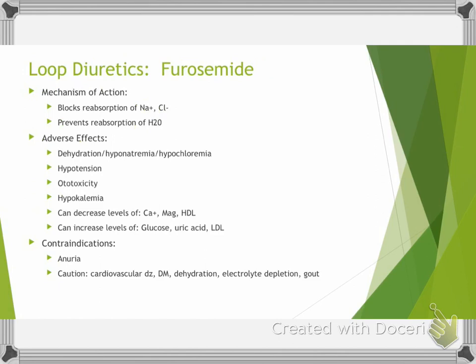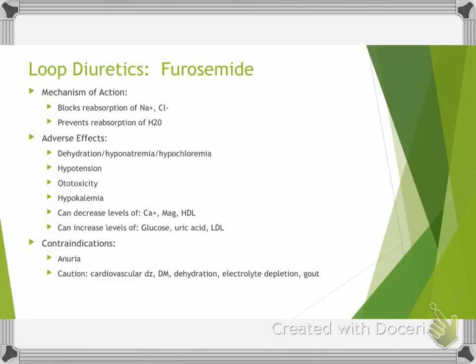Loop diuretics, okay? These are very potent diuretics, okay? They block the reabsorption of sodium and chloride. They prevent the reabsorption of water. Adverse effects, mostly they're going to decrease sodium and potassium levels and to a lesser degree calcium levels. So they cause dehydration, hyponatremia, hypochloremia.